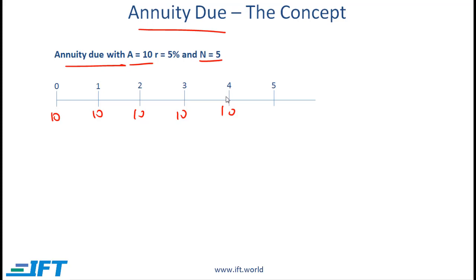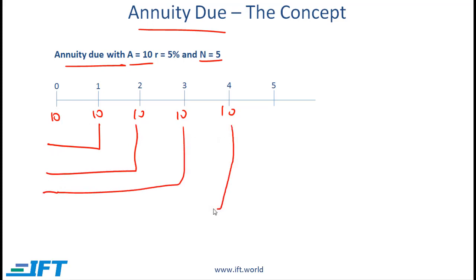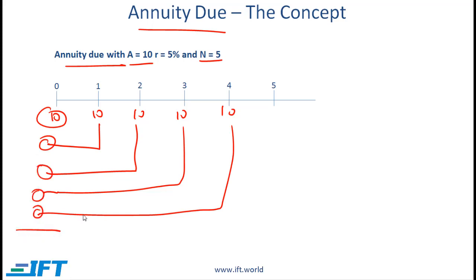Again, to calculate the present value, the brute force method would be to take the present value of each cash flow. The present value of 10 is 10. You can then compute the present value of all subsequent cash flows and then add up these numbers to come up with the present value of the annuity due.